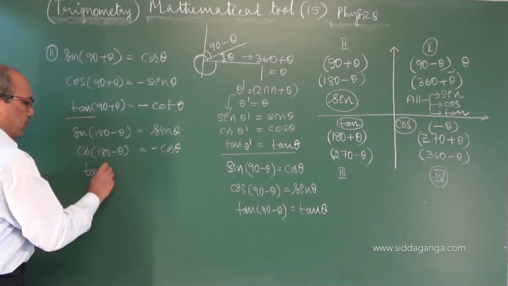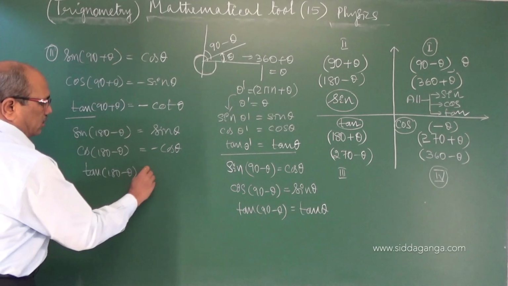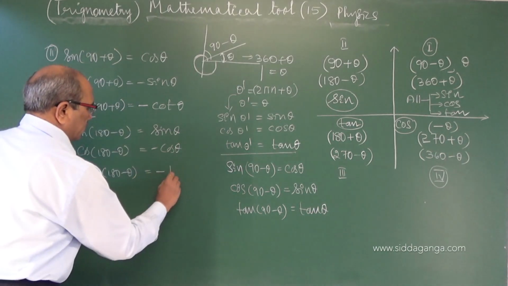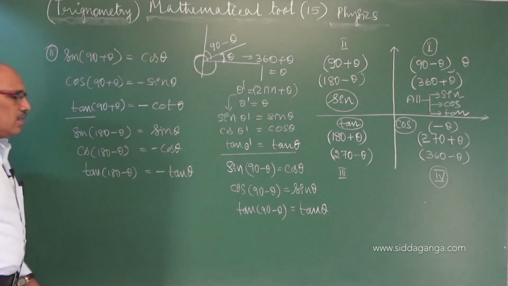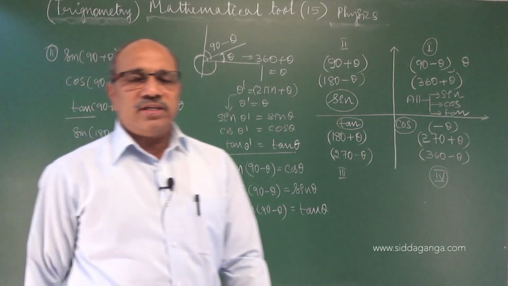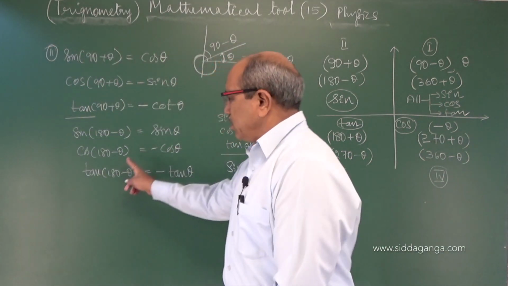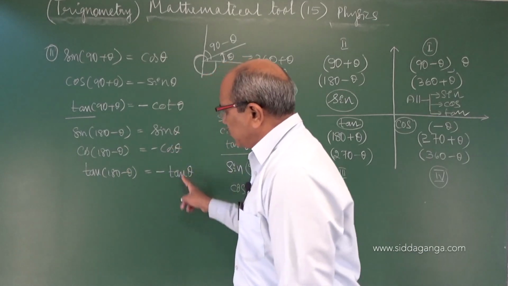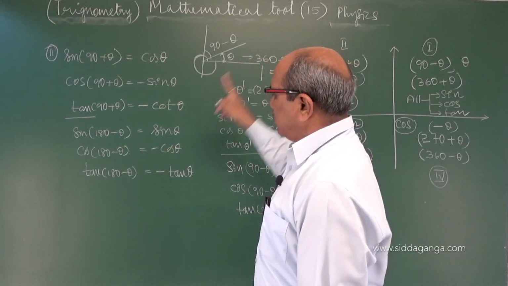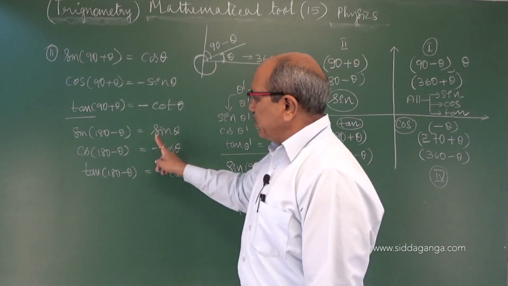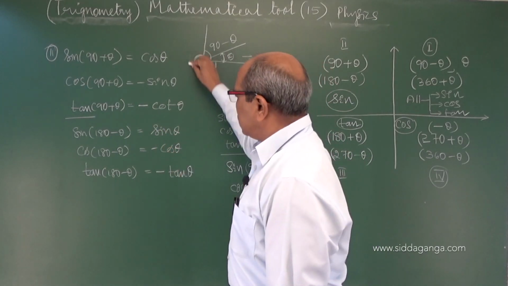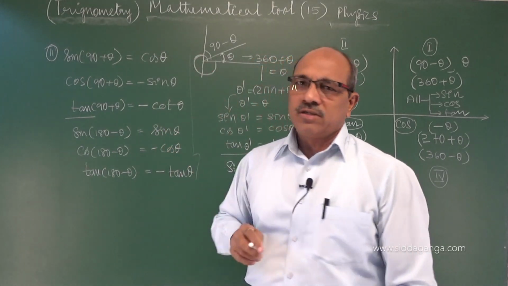Similarly, tan of 180 minus theta can be written as minus tan theta. In case of 180 plus or minus theta, the function stays the same, and depending on the quadrant it may become positive or negative. This is about the second quadrant discussion we had.